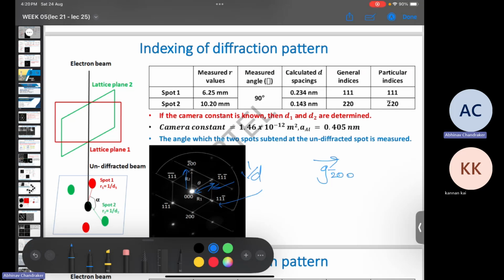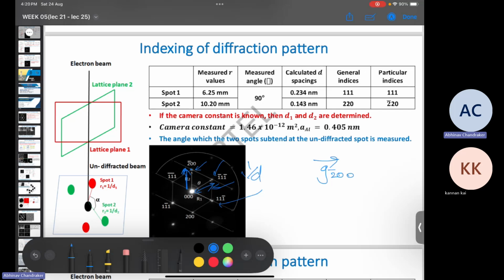And for a particular lattice plane, the diffraction vector for that plane will be parallel to the normal of that plane in the real space or real lattice. So we know that the normal to the 2 bar 00 plane is along this direction, while for the others, right now we don't know what is the plane corresponding to each of these spots, right?